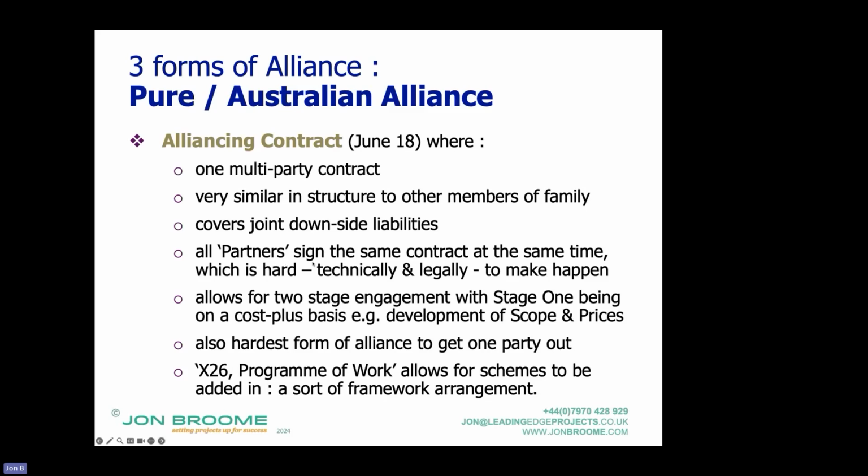I should say another key difference is that when I talked about the budget around which the pain and gain share operates, there are far fewer reasons for adjusting the budget compared with the prices in the other members of the family.